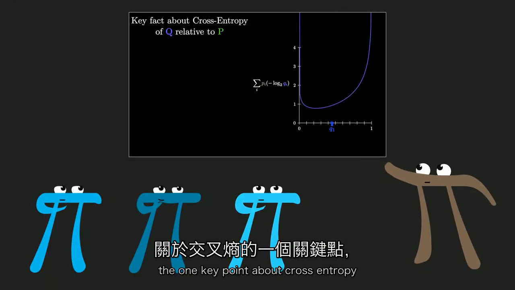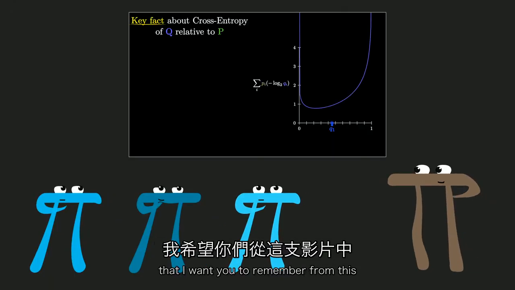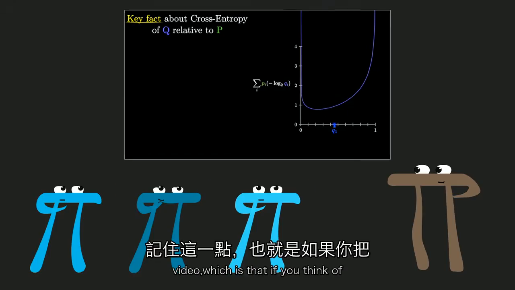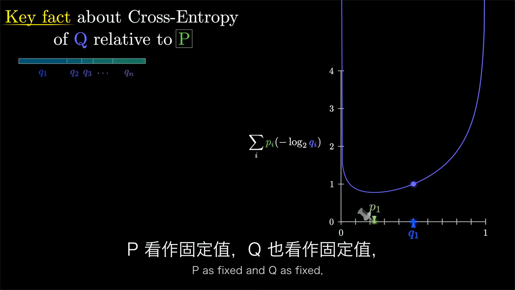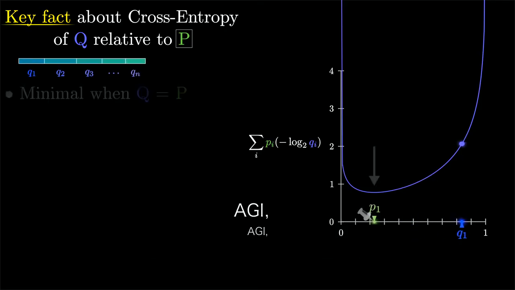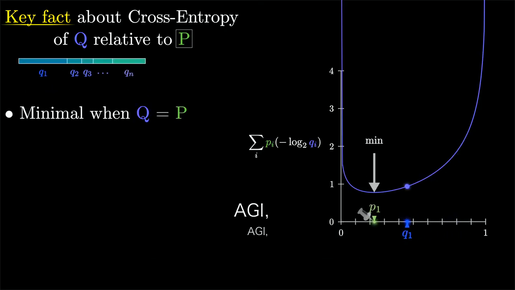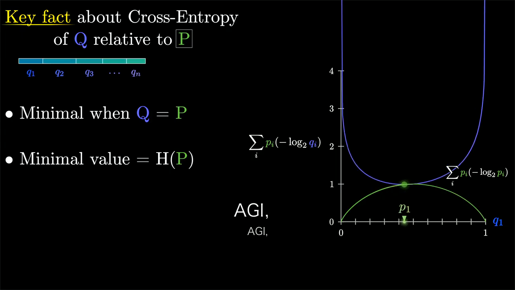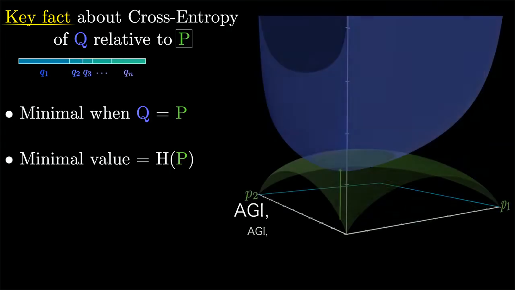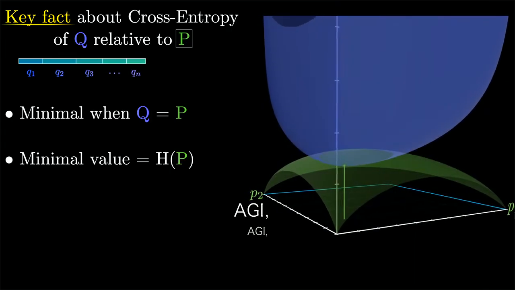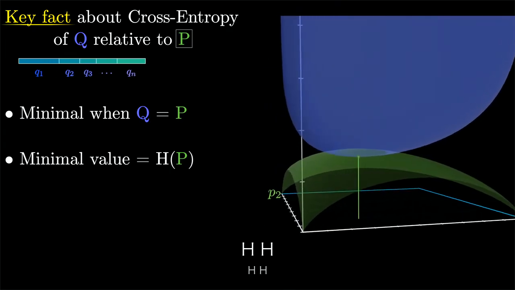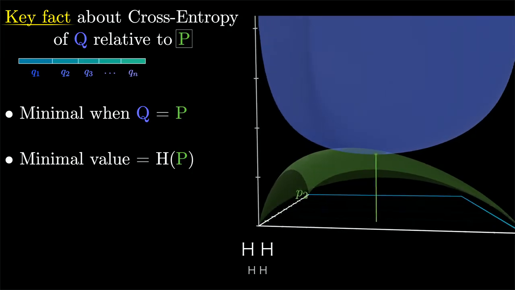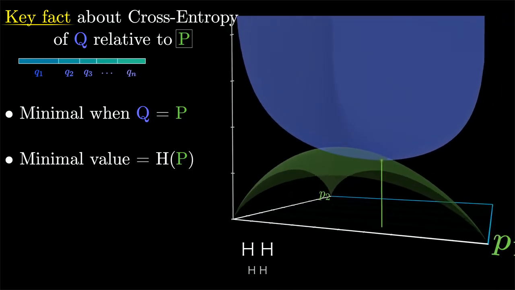This graph emphasizes the one key point about cross-entropy that I want you to remember from this video, which is that if you think of P as fixed and Q as the variable, it takes on its smallest possible value when Q is equal to P, and more specifically, that smallest value is the entropy of P. It's a little harder to visualize in general because usually these are distributions over many more than just 2 possible outcomes, but here's one way that you might hold that same fact in your head.